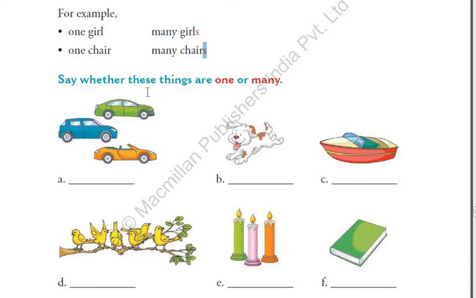If in the picture we can see one of something, we have to write one in the blank, and if many, we have to write many. We did the same thing with the car, correct? In this picture, there are 3 cars. So not one, but more than one, correct? So we are supposed to write many. In all the blanks, the same thing was there.